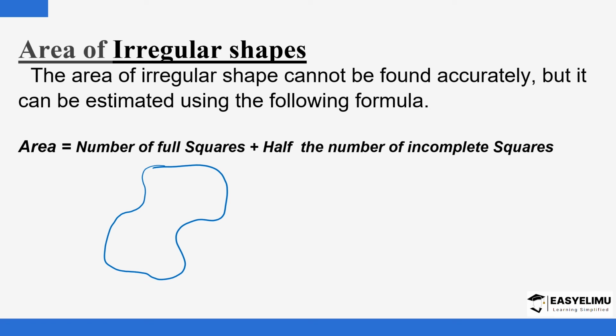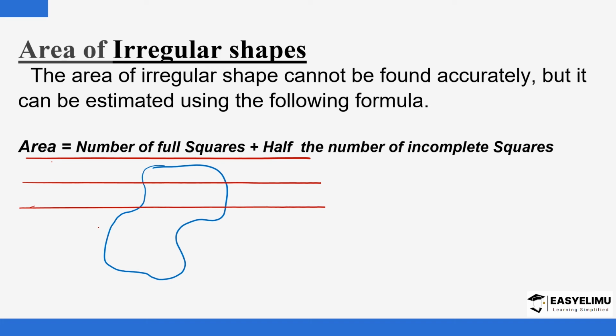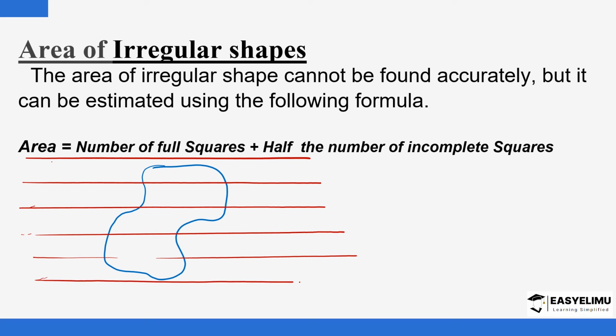then what you can do is draw a square grid on it. So you have to draw a square grid. You do something like this, something of this kind. So we have the uniform width of 1 centimeter each.